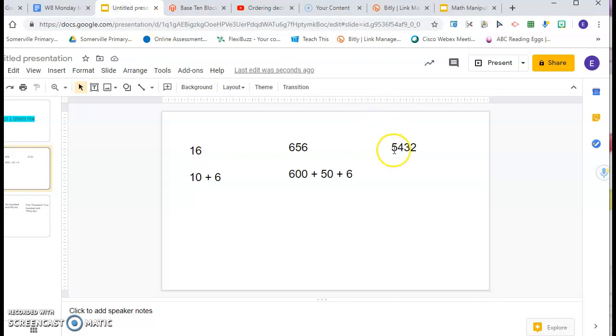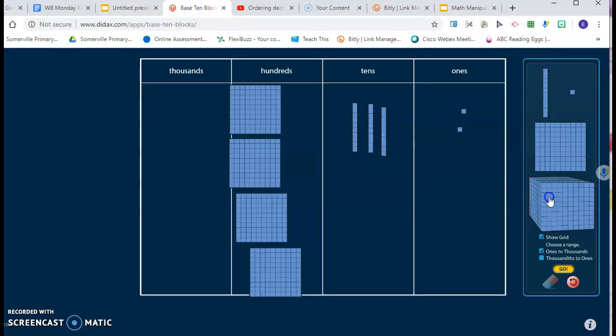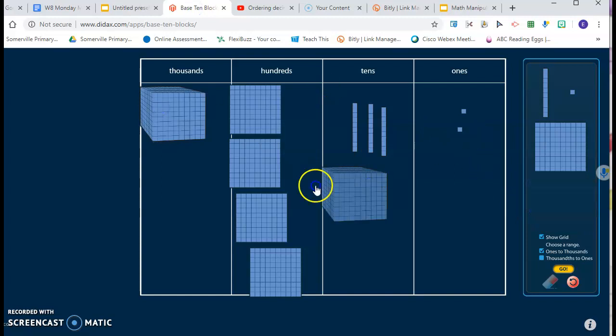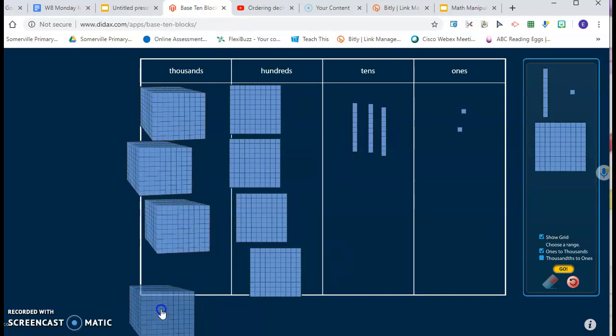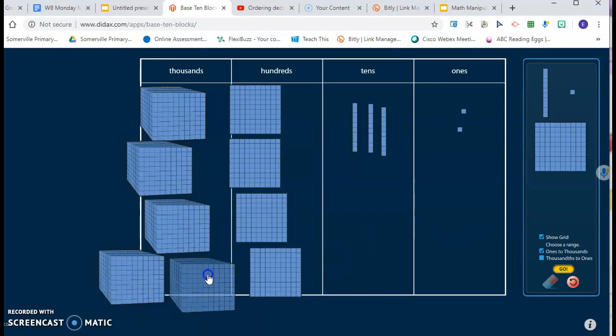And we need 5 thousands. We're going to get our big blocks. We need 5 of them. Just as before, if we counted by thousands, we would have 5,000. So 5 of these equal 5,000. So 1,000, 2,000, 3,000, 4,000, 5,000.